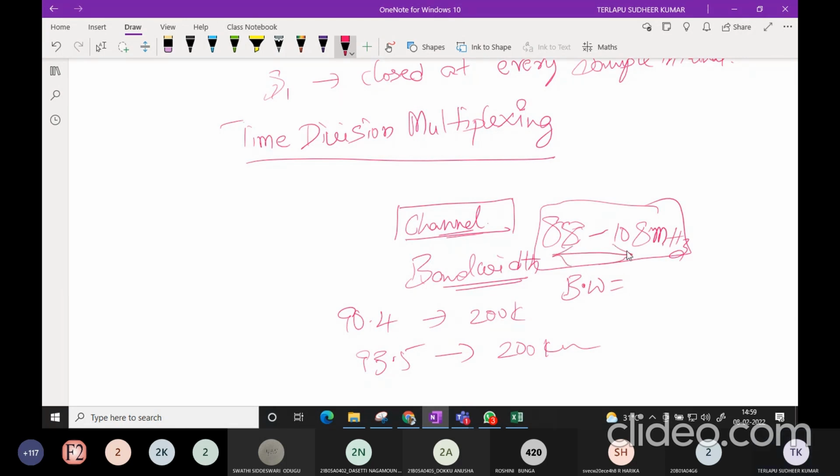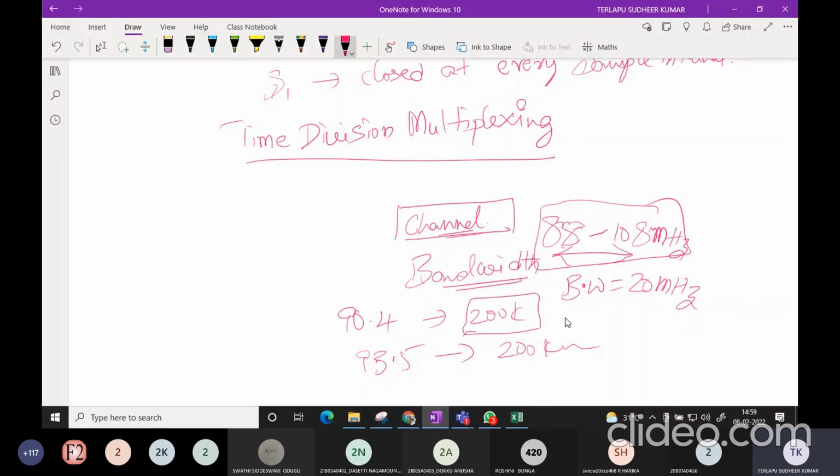How much? 108 minus 88, 20 megahertz. So 20 megahertz is allocated for FM radio broadcasting by the Government of India. And I am saying that each channel will take 200 kilohertz bandwidth.